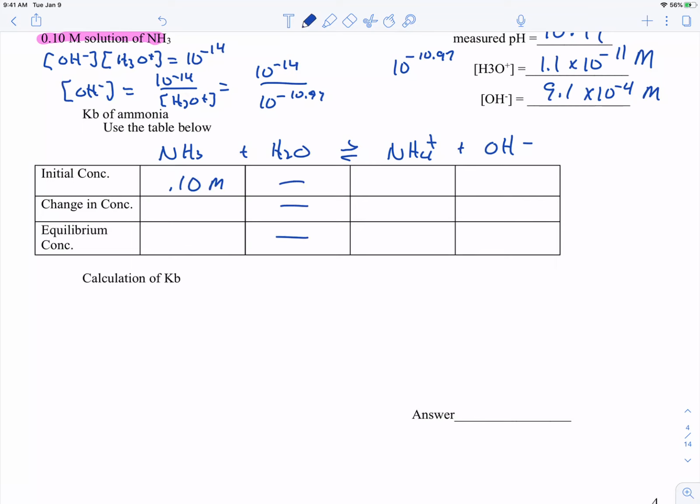Again, water doesn't come into play. Both of these started out at 0, went up by the amount of hydroxide. These ICE tables sure are useful ways of calculating.